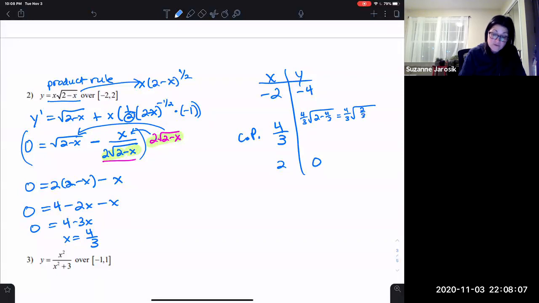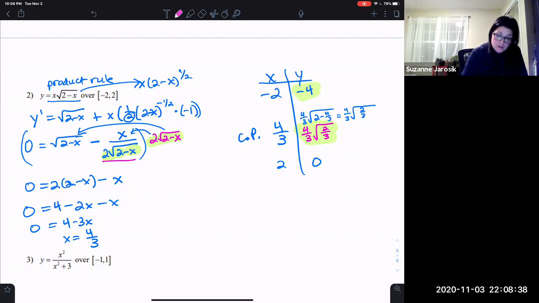So we have 4/3 times root 2/3. So hopefully it's easy to tell largest and smallest, right? Smallest. 4/3 root 2/3, I don't know, it's an approximation, but it's got to be larger than 0.